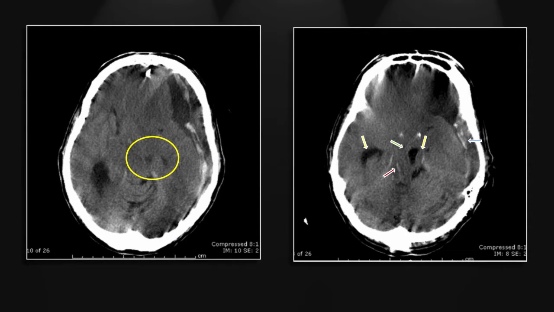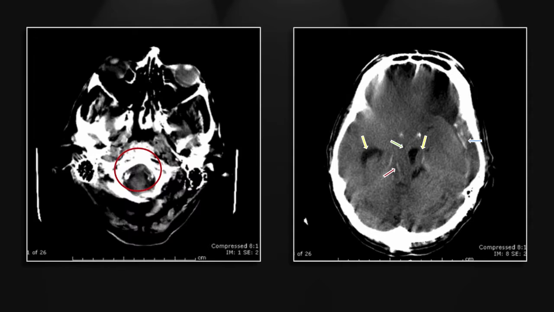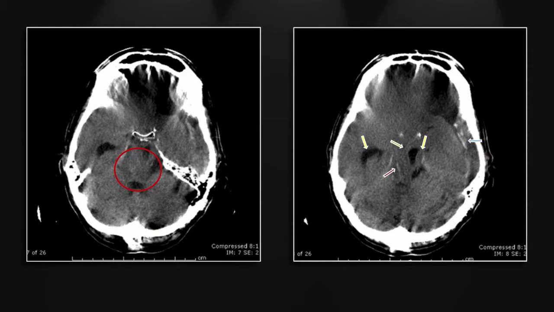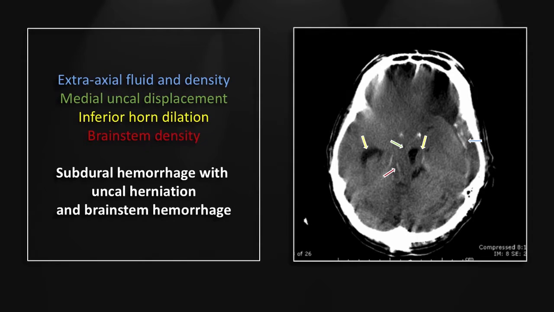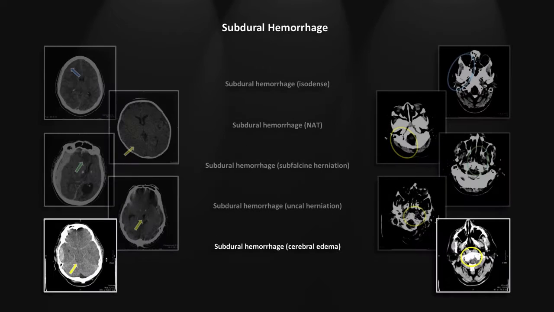On cine views, you can appreciate the uncal herniation and trapped horn, and the centrally hyperdense brainstem. So that is a patient with acute on chronic subdural hemorrhage causing uncal herniation and brainstem ischemia with hemorrhagic infarct, a phenomenon known as Duret hemorrhage.